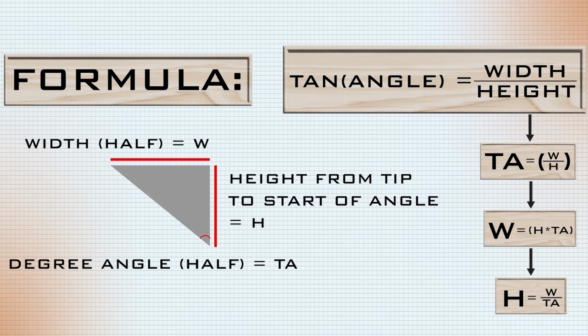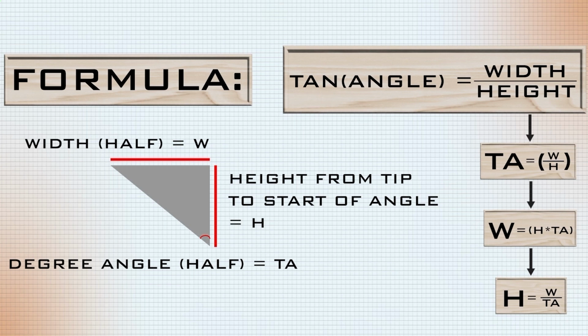First of all, I started with the formula: the tan of the angle is equal to the width over the height. So we knew our width. We did not know our height, or h, and we knew our degree angle, TA, like so, but we didn't know what the height was.